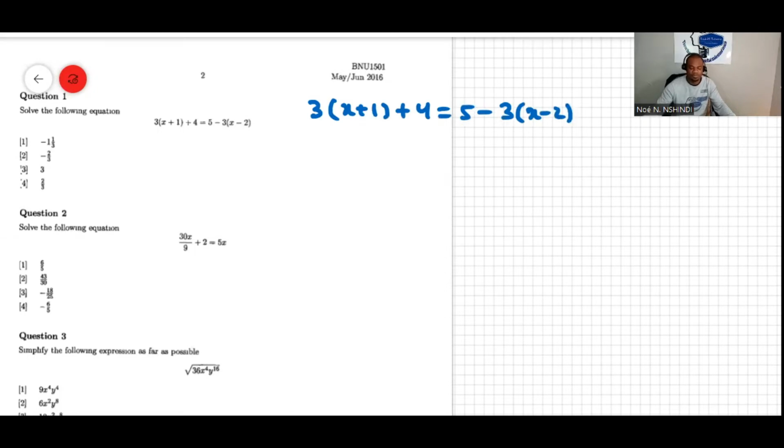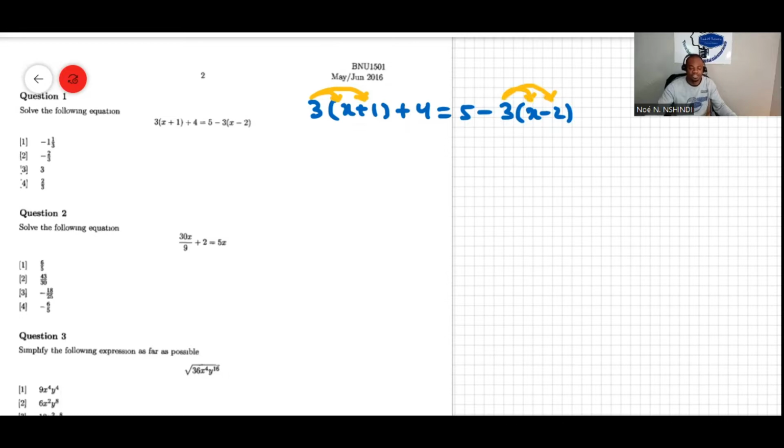Now, to solve for x, the first thing is to expand, to drop the brackets. So how? I'll do 3 times x, and then 3 times 1. And then over here, I'll do negative 3 times x, and negative 3 times negative 2.